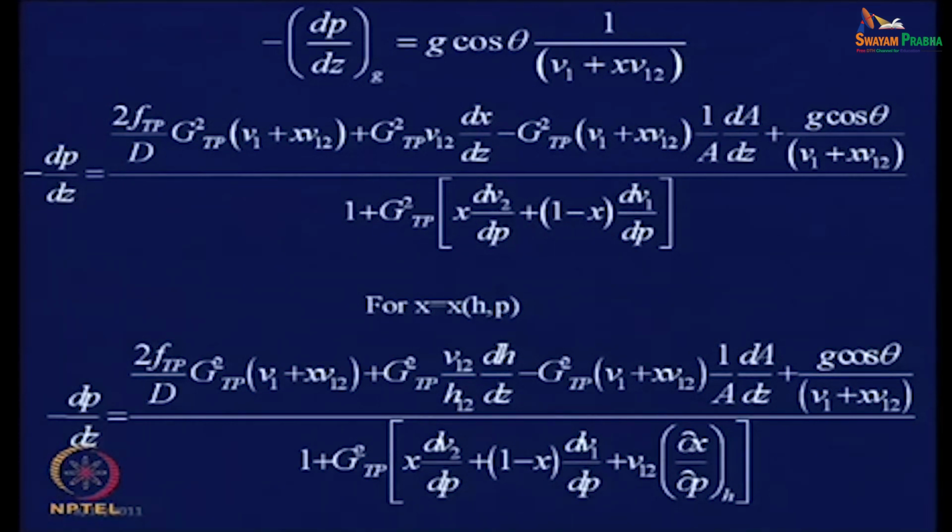Okay. And I had also mentioned that for significant flashing, what we found out is that when there is significant flashing, then in that case we cannot straight away write that quality is a function of axial distance. In this particular case we find that quality is a function of enthalpy as well as pressure.